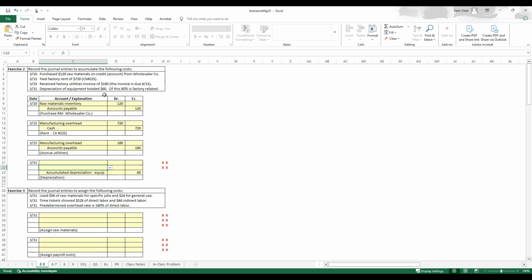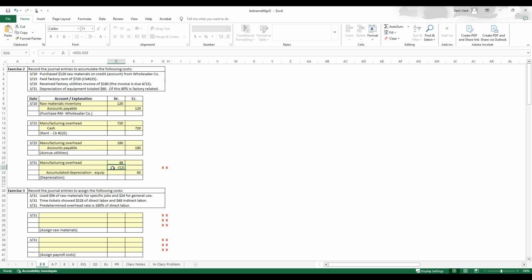Okay, and then we're going to split some of this out and say, okay, 80%. If 80% is factory related, remember that that's the manufacturing overhead essentially, and we can do our formula directly in the cell here. So we can do equals 60 times 0.8, or 80%. And then we could do another formula just to say what the other portion is.